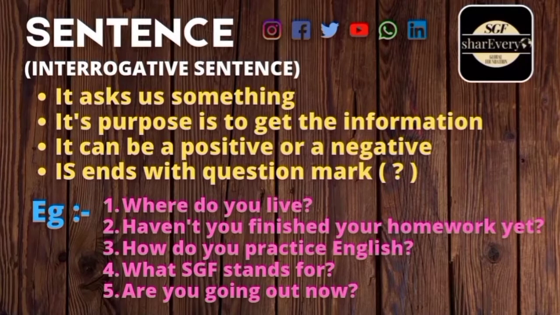It is a positive question, and I also ended this question with a question mark. I followed four rules. And the second example, haven't you finished your homework yet? If he hasn't, or if she hasn't finished, if they haven't finished their homework, they may answer, we haven't, or she hasn't.